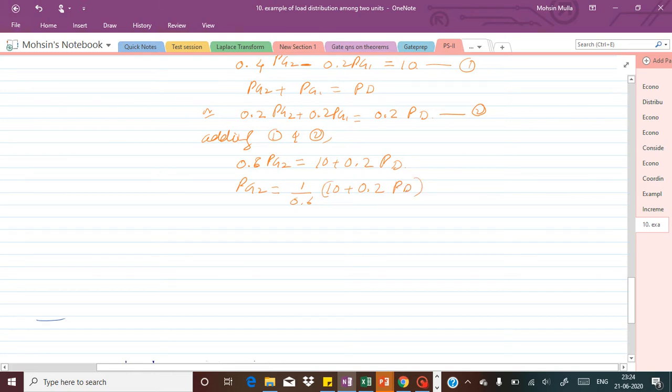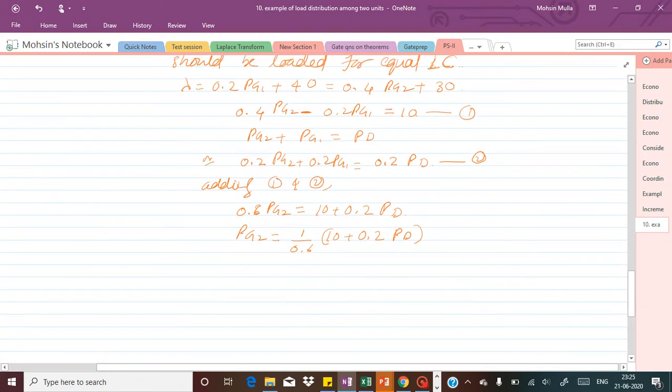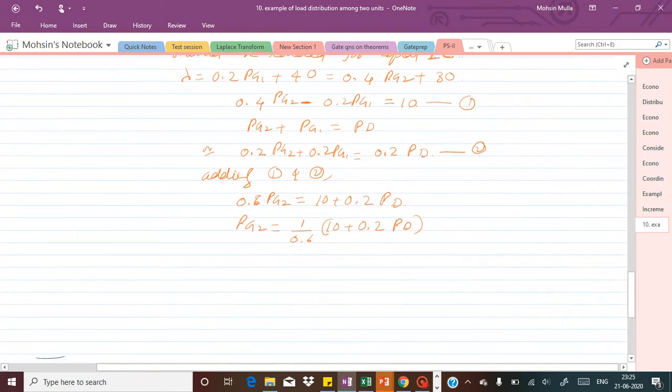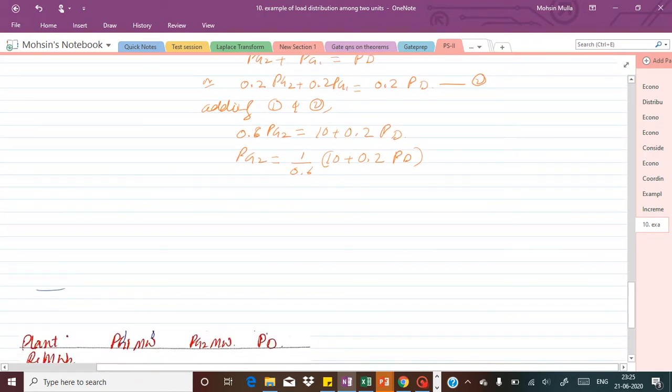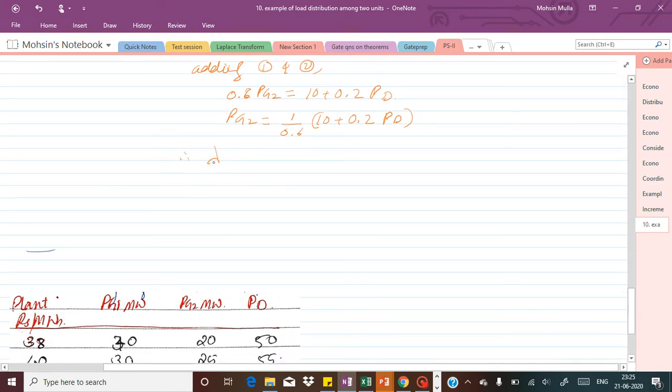Substituting this particular expression in the incremental cost 0.4 Pg2 plus 30, in place of Pg2 let us substitute this.